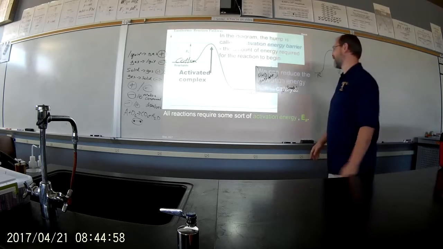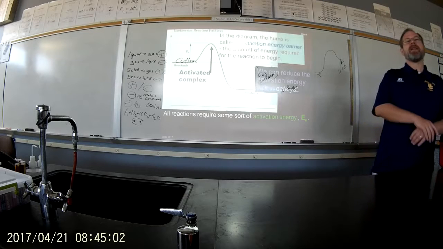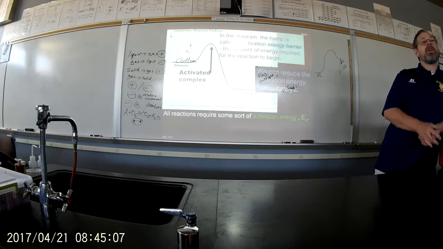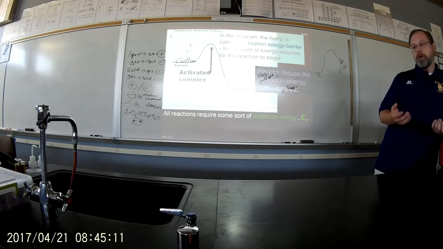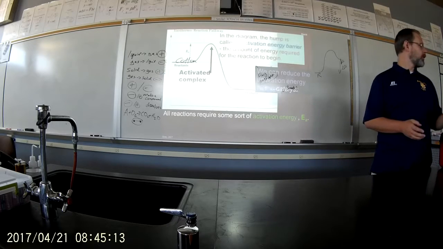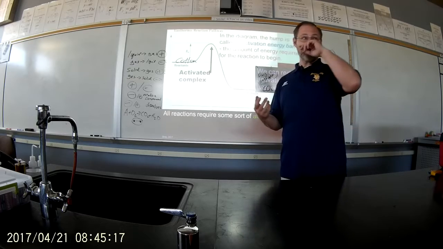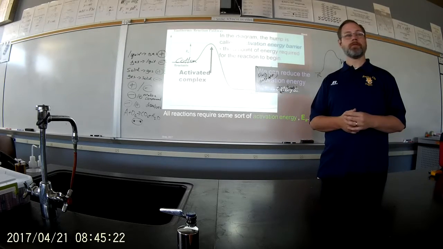Okay, we're almost done, guys, but we do have a couple more things to talk about. Catalysts. You've probably heard about catalysts from biology. What does a catalyst do? One way to think of it is a catalyst starts the reaction. What's another way? What else does a catalyst do?